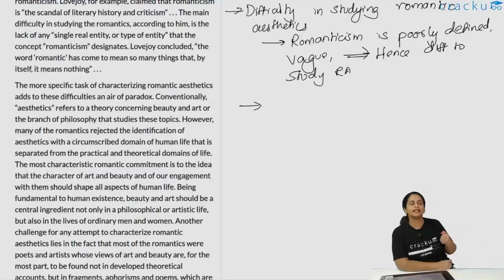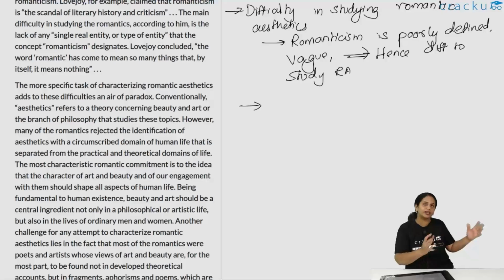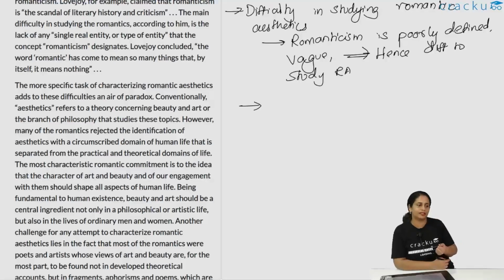So when you say aesthetics, basically you say that painting should be beautiful, or works of art should be beautiful. When you say aesthetics should be limited to this, it refers to only beauty and art, and the romantics actually disagree with it. They feel that every part of life should have beauty and art. So if you're making a car, it should have beauty and art.